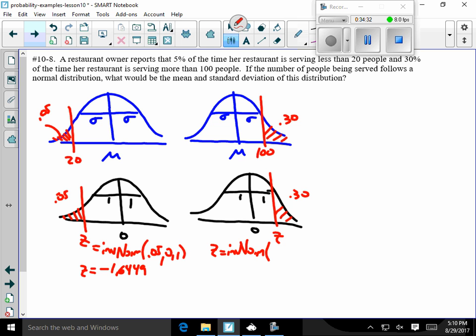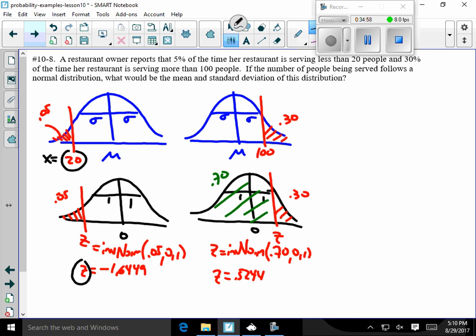If there's 30% to the right, then there's 70% to the left, right? So we would have 0.70, and that z-score turns out to be positive 0.5244, all right?